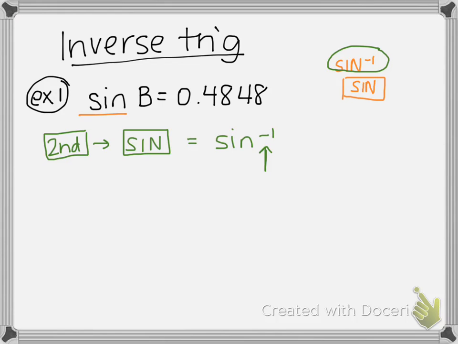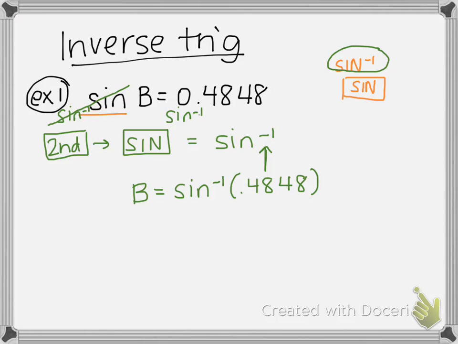So when we have our problem here, what we're going to do is sine inverse of both sides. This cancels that completely out. So we get the angle B is sine inverse of 0.4848.